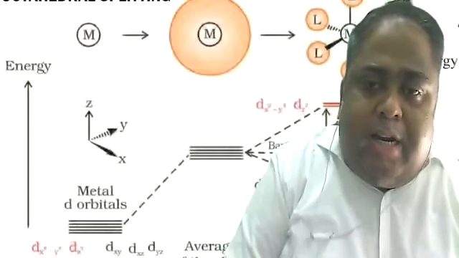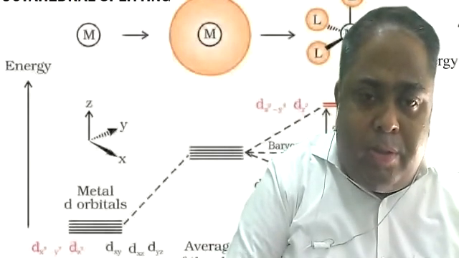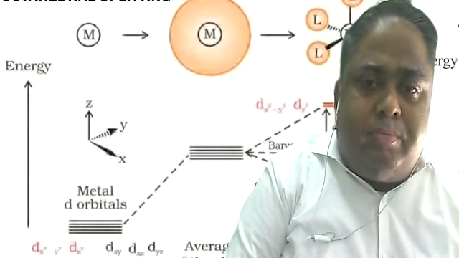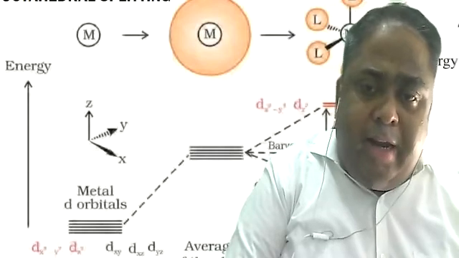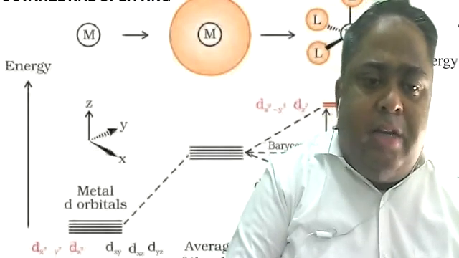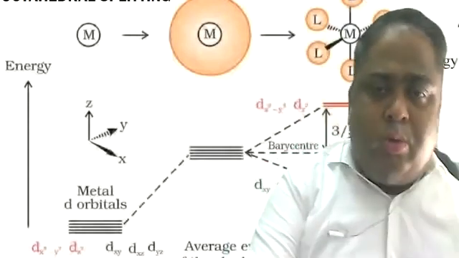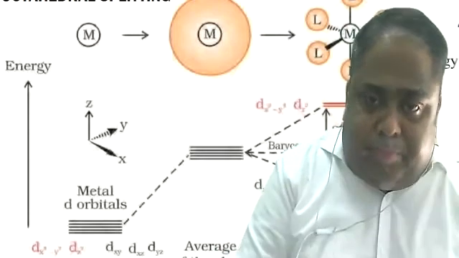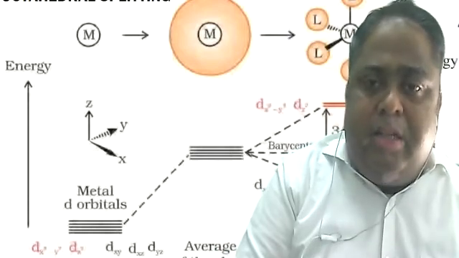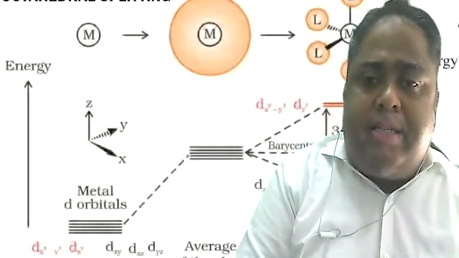We see colors in all the complex compounds or coordination compounds. When the electron is in the lower energy level, it can absorb white light and go to a higher energy level. But when it comes down, it liberates that energy in the form of some wavelength of light, and that will be seen as color.